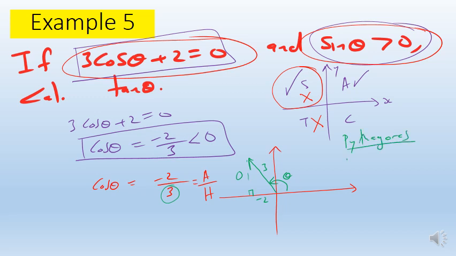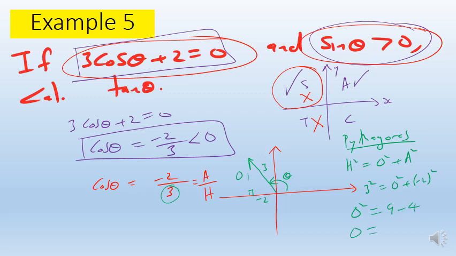We've got hypotenuse squared is equal to the sum of the other two sides squared. The hypotenuse was 3 squared. The other side, which in this case was the adjacent side, was minus 2 squared. So the opposite side would be 3 squared, which is 9, minus 4.